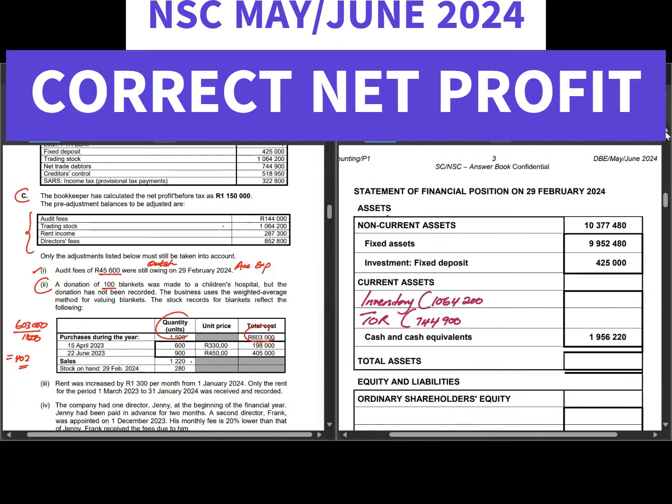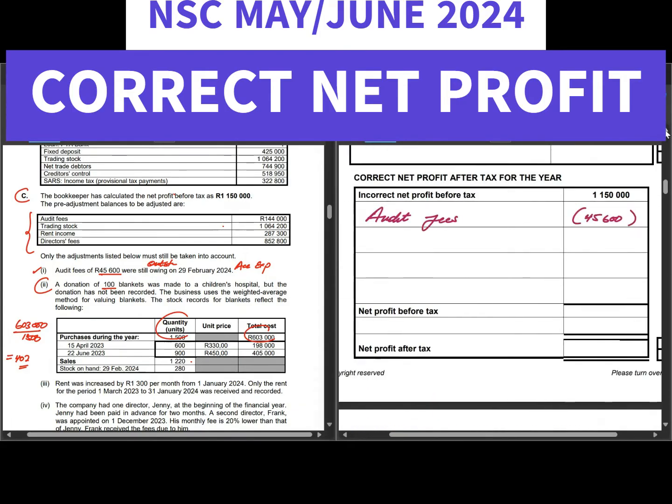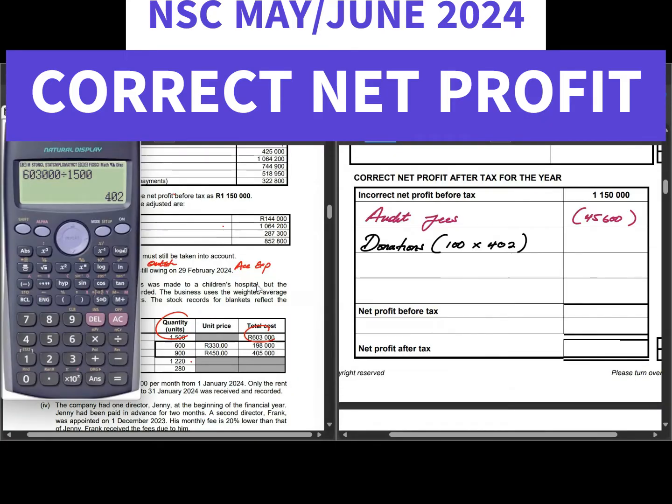That means I now have an expense that I must record here. So I'm coming here to say donations. I have donated 100 blankets, and each one has a weighted average of 402. So on my calculator I'm going to say 402 multiplied by 100.